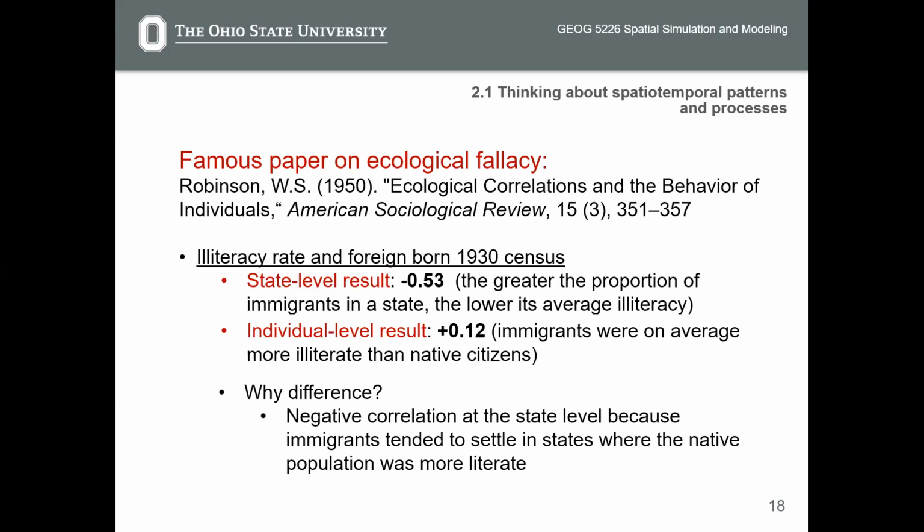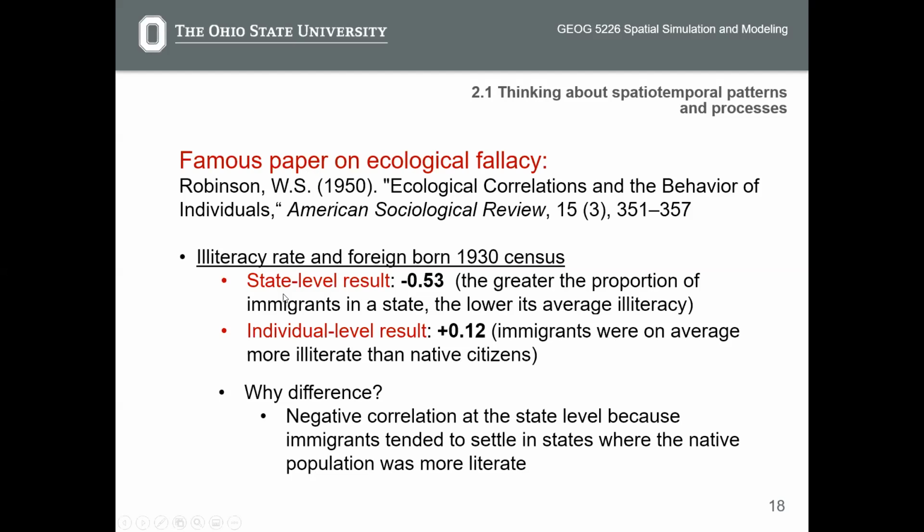So immigrants had a higher possibility to find a job. So I would say at the individual level, this result is reliable, which means that in fact immigrants were less educated, but they wanted to go to states with educated people.